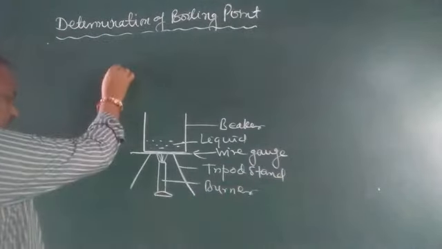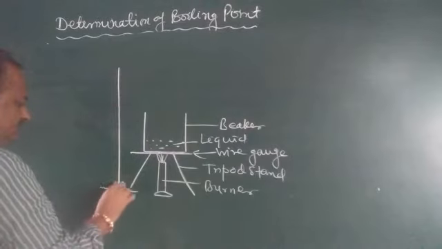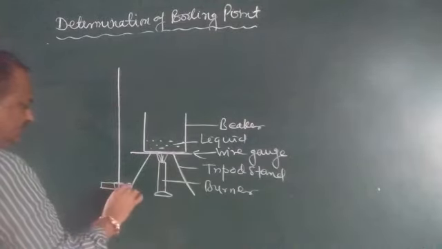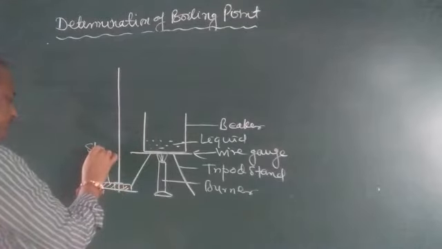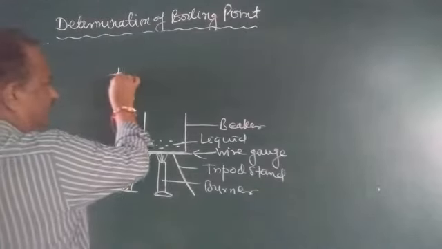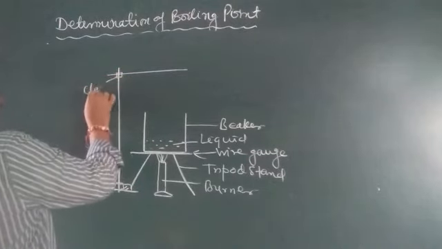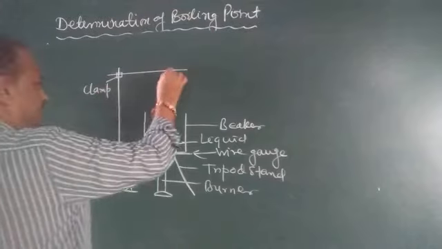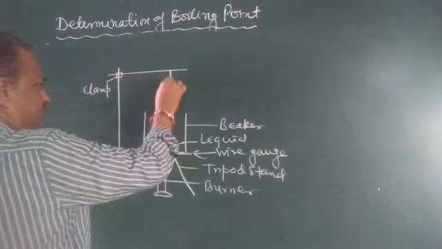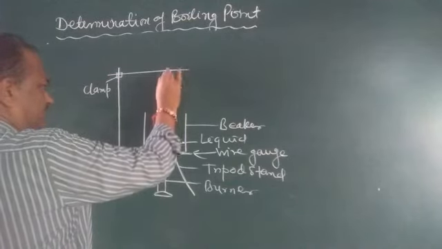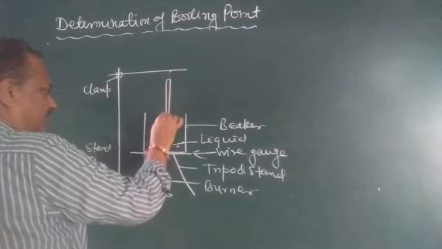Now on this side we put a stand here. This is the stand, and here we have the clamp. And here we suspend the thermometer. The thermometer is suspended here. Just draw carefully.